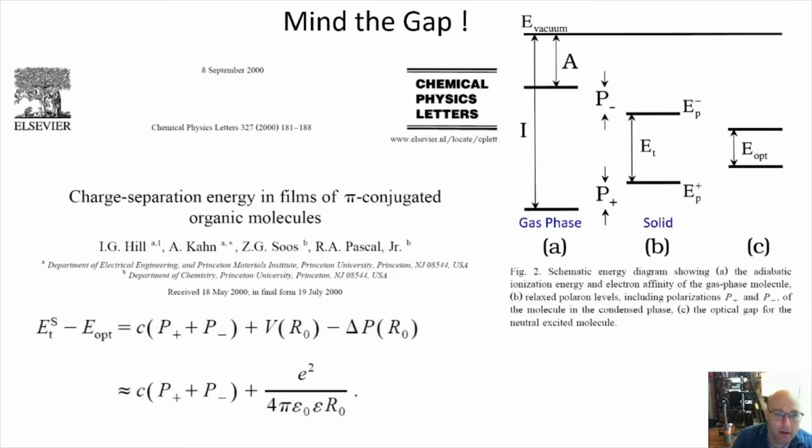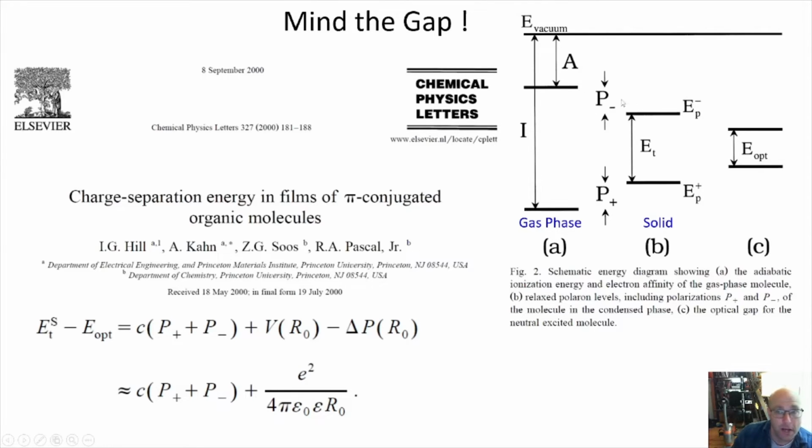I just want to point out the first time I really started to understand this difference was with a paper that was published back in 2000, so 14 years before the Mind the Gap paper, by Breda's close colleague Antoine Kahn and his student Ian Hill. They are photoelectron spectroscopy experts, which is one of the tools you can use to actually access the ionization potential and electron affinity of molecular solids.